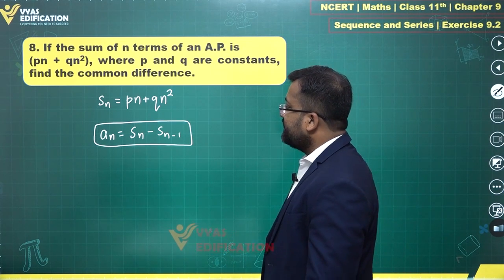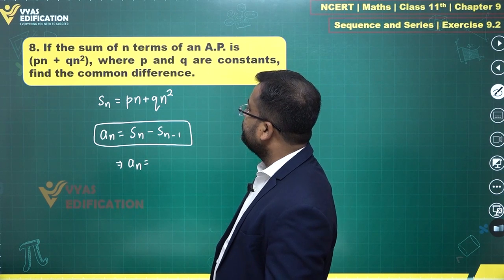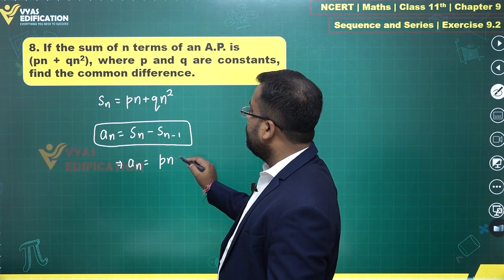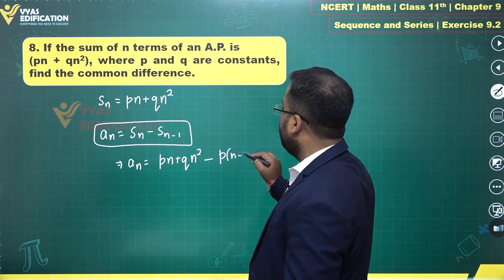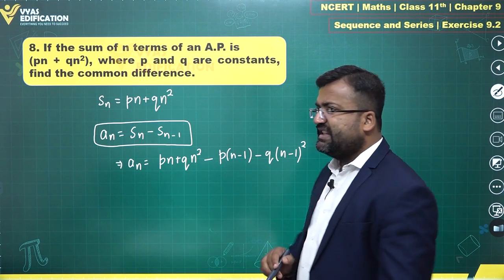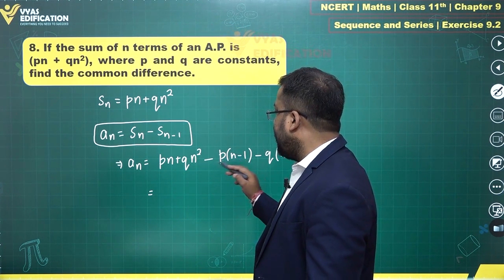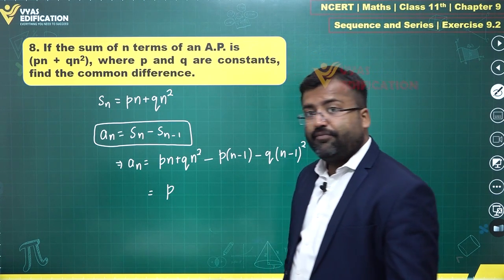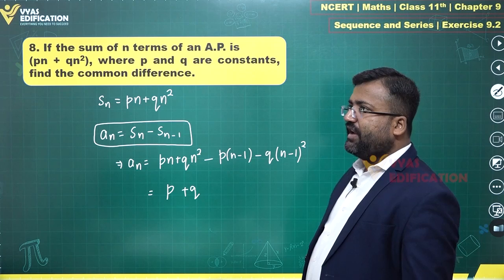So, Sn minus Sn minus 1. That tells me An will be equal to Pn plus Qn square minus P(n minus 1) minus Q(n minus 1) square. This is what you have, right? Pn minus Pn and plus P is what you'll get over here. Yes, plus Q times n square minus n minus 1 square.